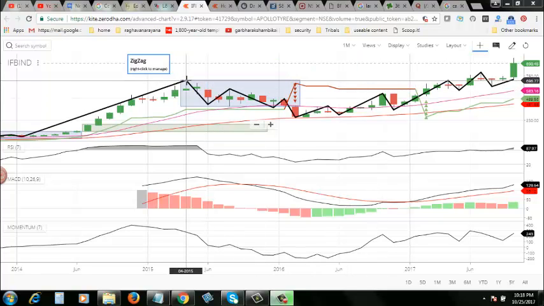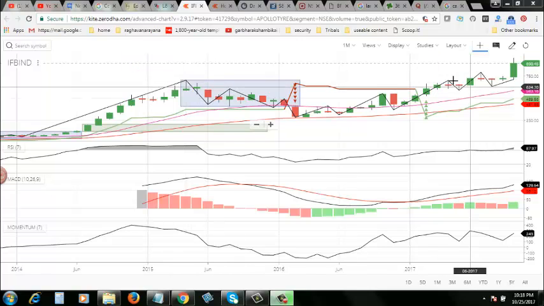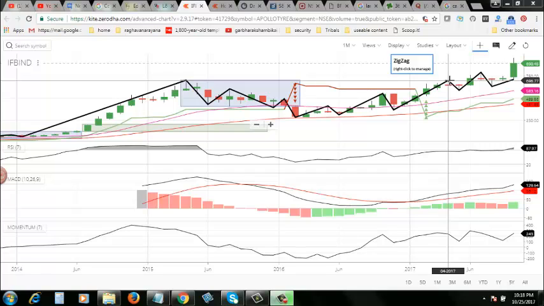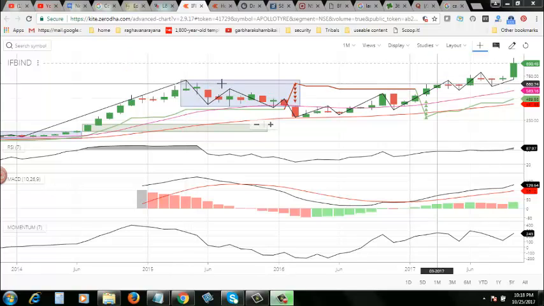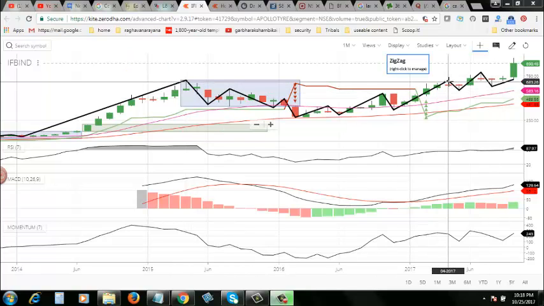See how many years. Literally, this sideways movement came to an end only in April 2017. It started in April 2015 and came to an end in April 2017. Two years of consistent sideways movement, and nothing happened.